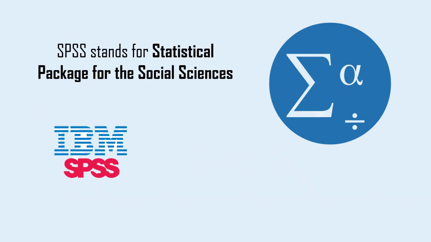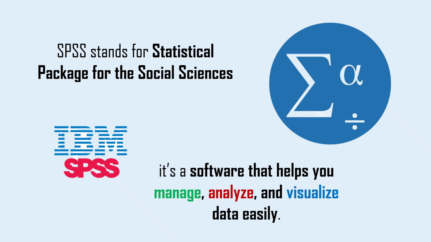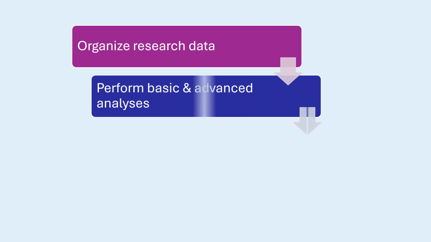SPSS stands for Statistical Package for the Social Sciences, but in simple terms, it's software that helps you manage, analyze, and visualize data easily. With SPSS, you can enter your research data and organize it neatly, run all sorts of statistical analysis from simple things like averages and percentages to advanced tests like regression and ANOVA.